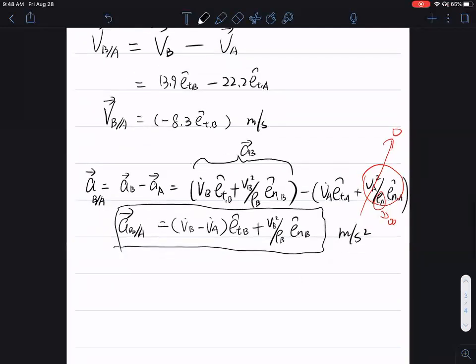All right, next you can plug in numbers and you end up with negative 1.52e-3 ET plus 0.38 something EN. That's how you find the relative acceleration.